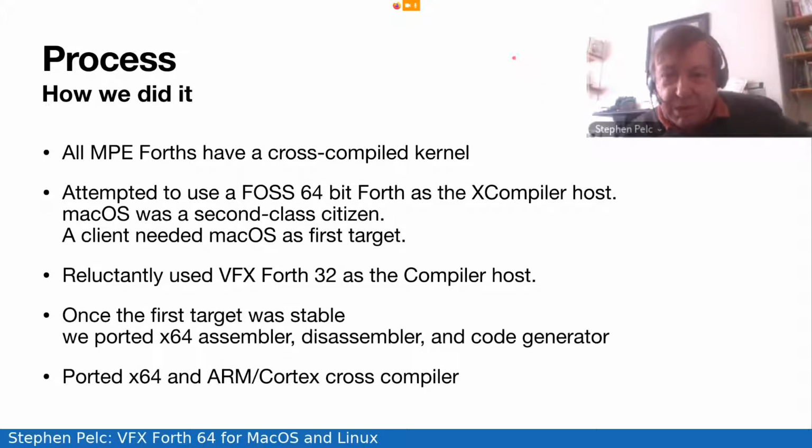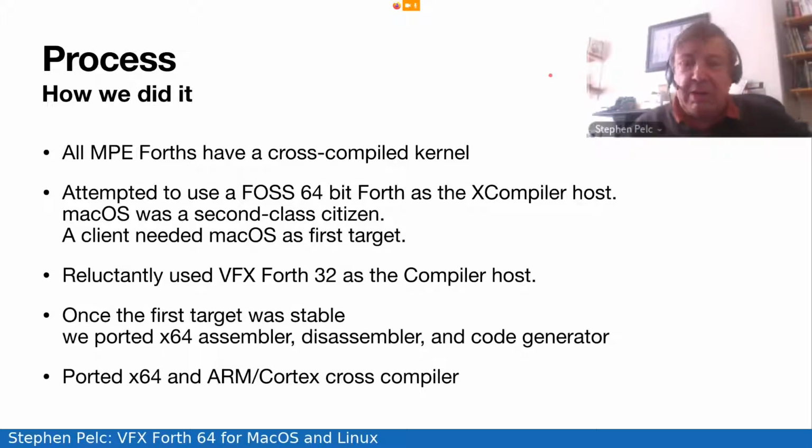Unfortunately, MacOS was a second-class citizen, and the client who was sponsoring this needed MacOS as its first target. So we reluctantly used the existing VFX Forth 32-bit edition as the compiler host and put up with the problems with literals and addresses.